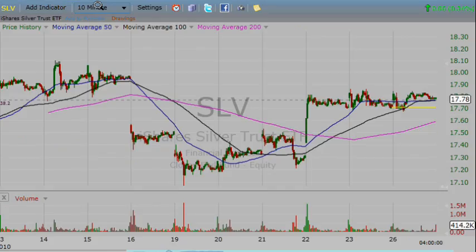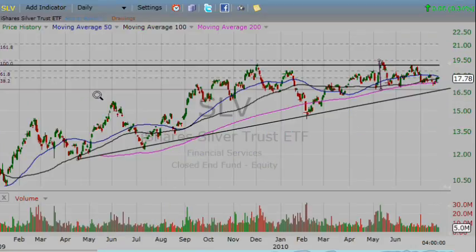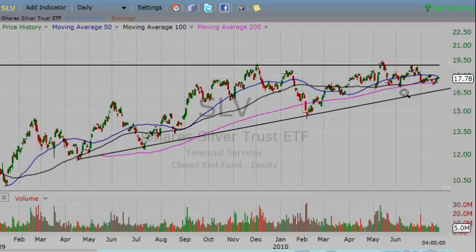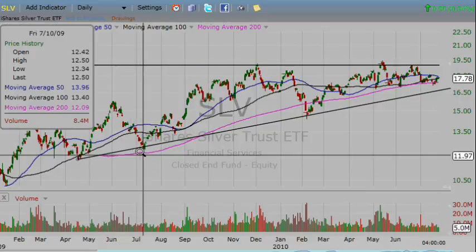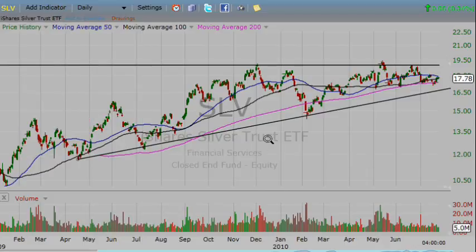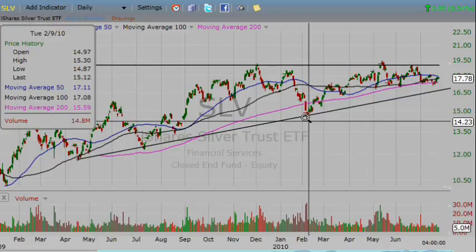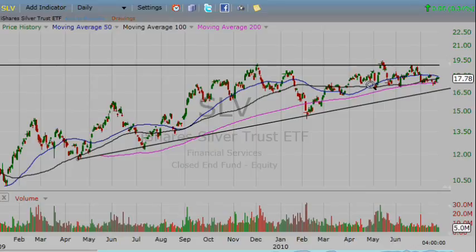Now we're going to look at the longer term time frame, in particular the daily chart. What I'm seeing here is an ascending triangle. It covers the significant lows from the bottom in April of '09, the bottom in July of '09, the bottom in February of '10, and this level here.